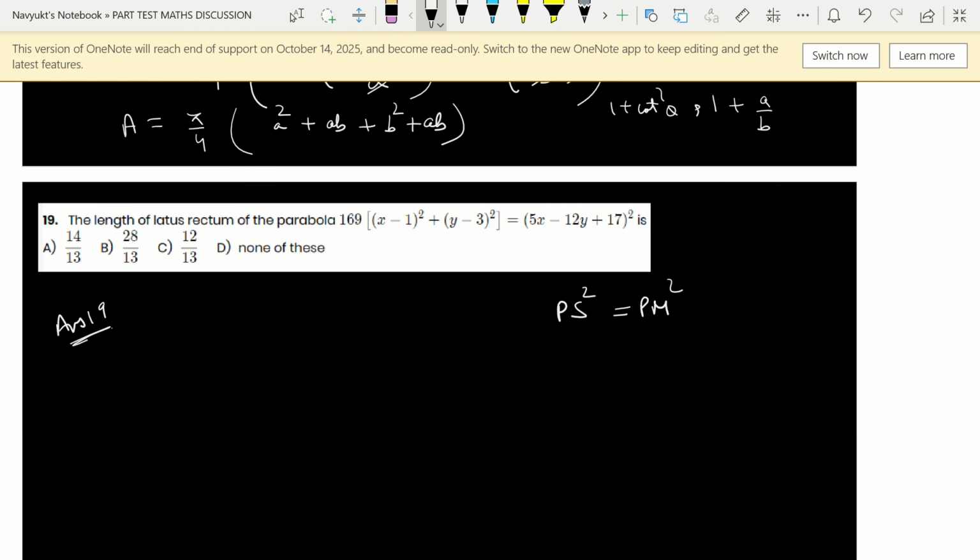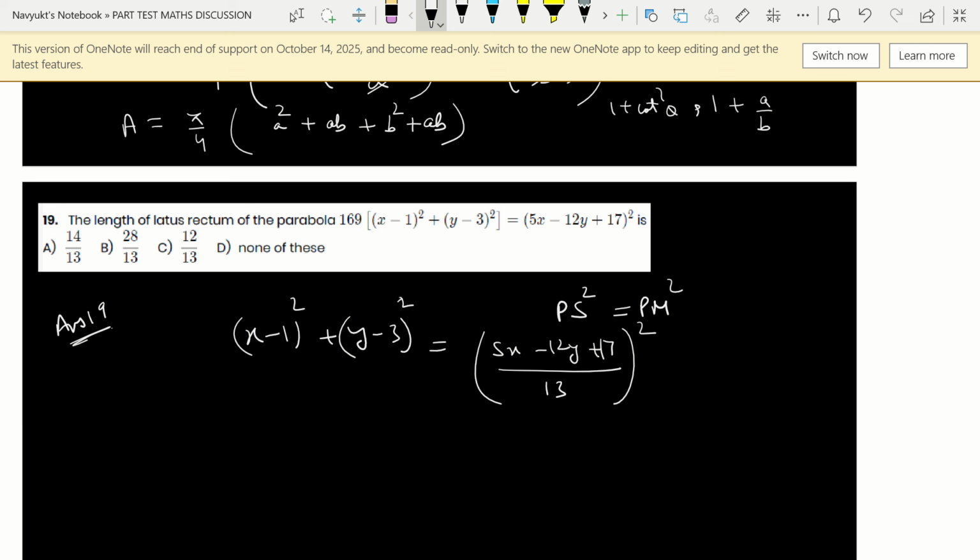So what we'll be doing, we'll simply rewrite this as 5x minus 12y plus 17 upon, we'll get 169 here, which is nothing but 13 square. So what can we observe from here?